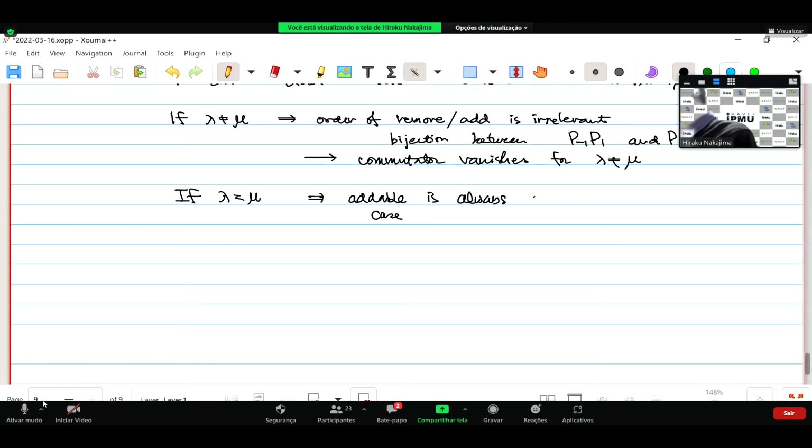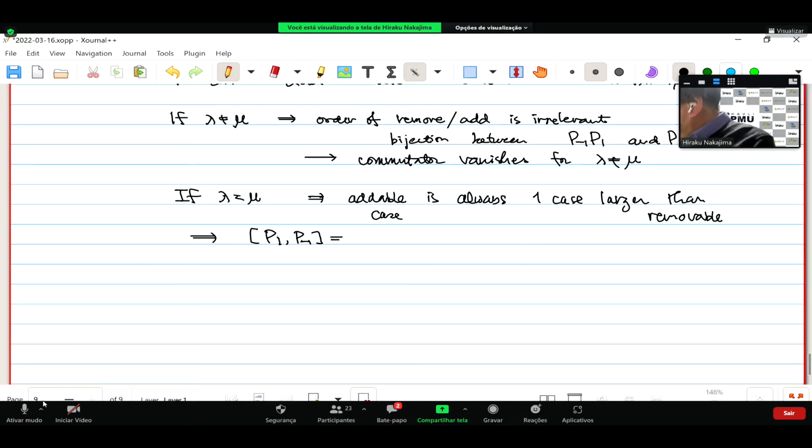So this contributes to the commutator, and this becomes 1 because you have one case difference.